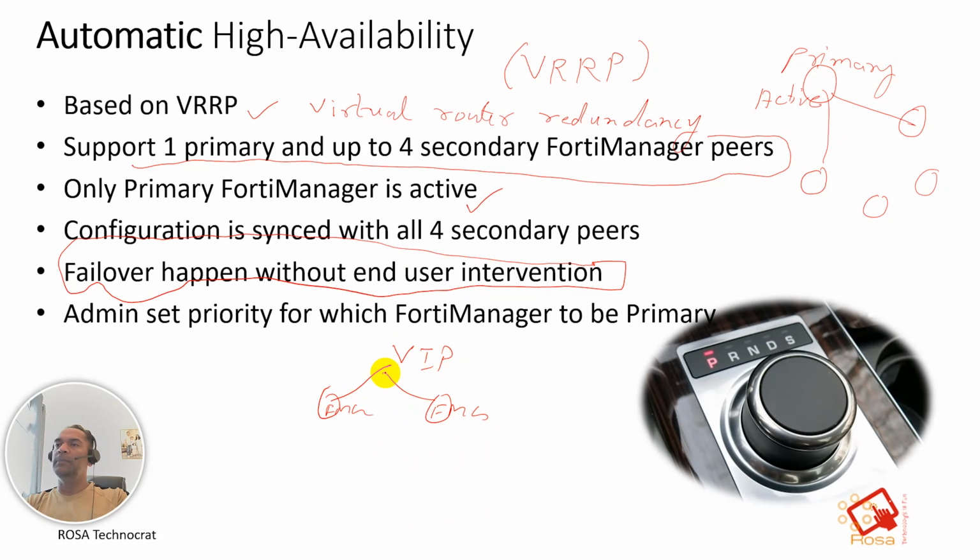This virtual IP will be pointing to the active one and they will be polling each other using VRRP, Unicast or Multicast. If the FortiManager detects no keepalive or no response from the primary box, this VIP will fail over and will start pointing to the other one. So this is how failover happens without user intervention.